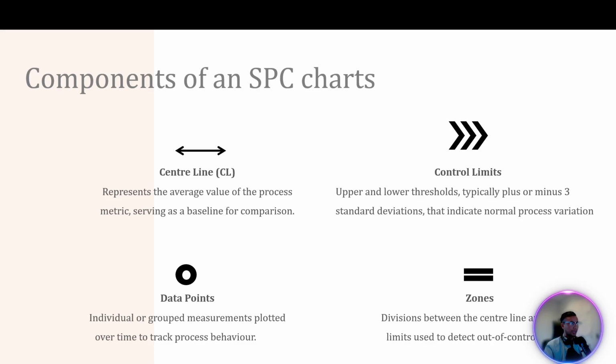Then the data points, which is our data. Likewise zones, which are in between the center line and the control limits. The center line, the average or mean, will be in the center; between the center line and the upper control limit is one zone, and between the center line and the lower control limit is another zone. So basically there are two zones.